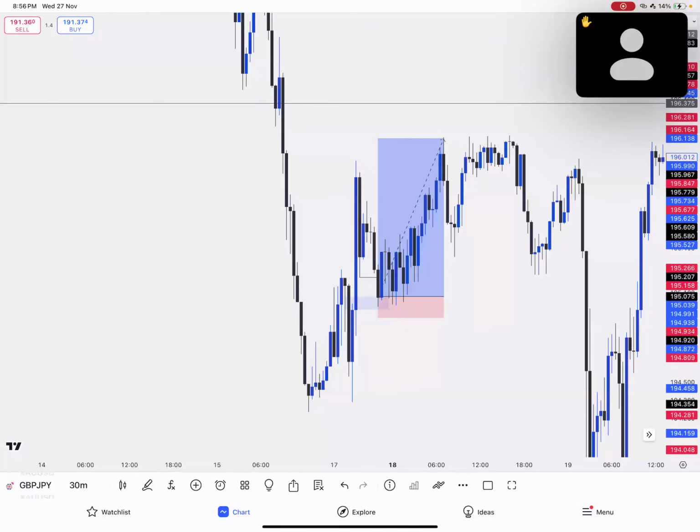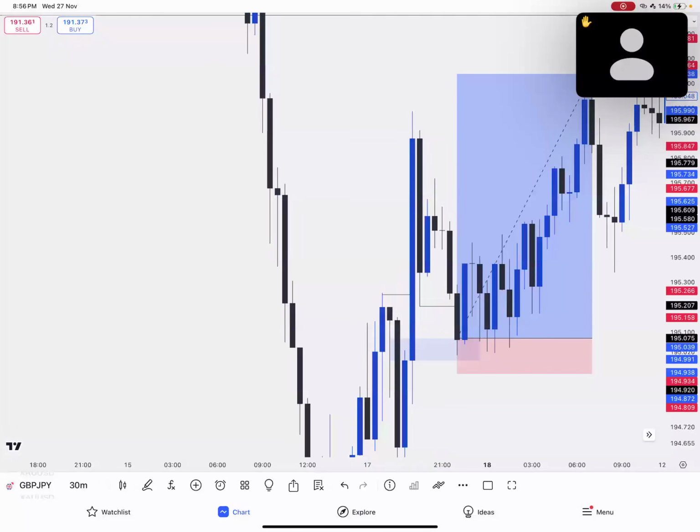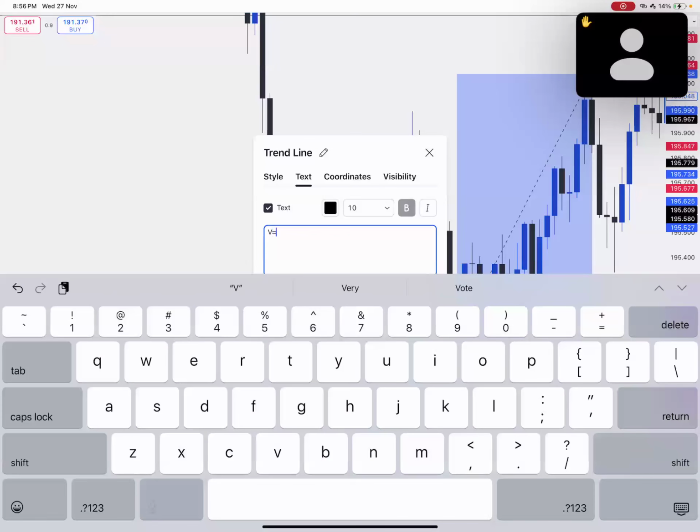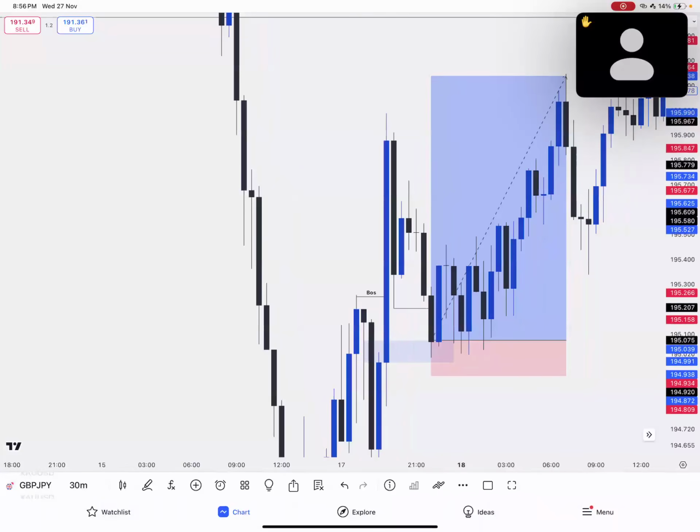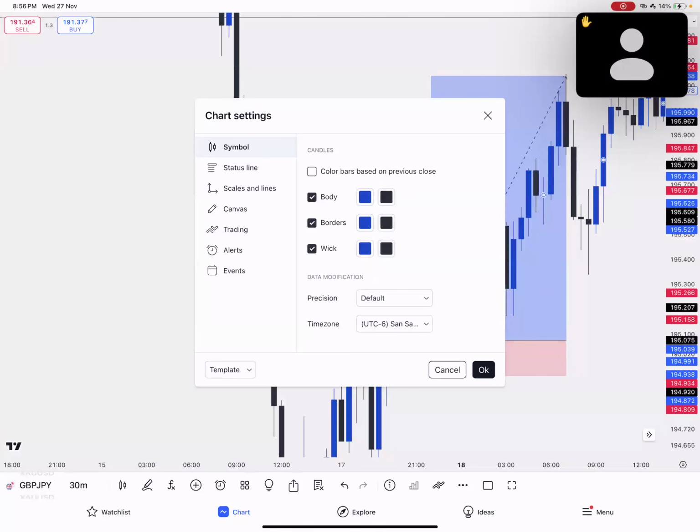This is a clear example. The market did a structure shift, a break of structure here. This was a break of structure to the upside. This last high, the market broke the structure here. After the market broke structure, it did what? It made a full candle pullback. This is a pullback. This is an inducement.